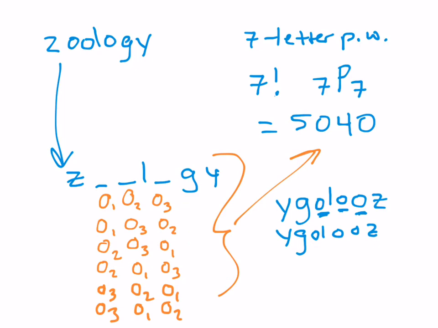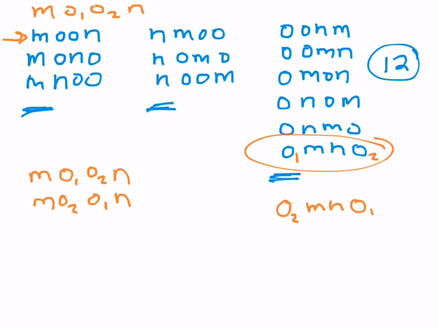So the question now is how do I go from this 5,040 number to the number of permutations that actually look different from each other, the number of different passwords? In the moon problem, we had to cut down 24 passwords to just 12 different ones.